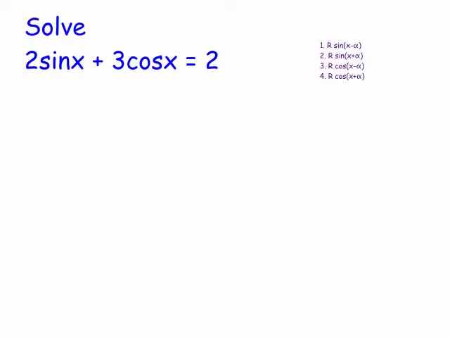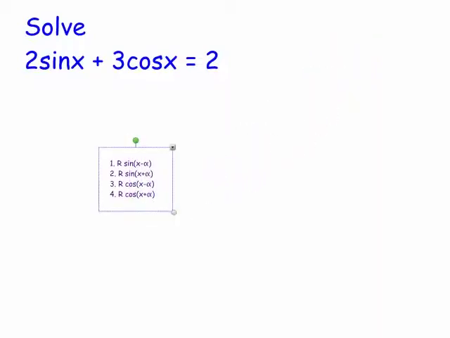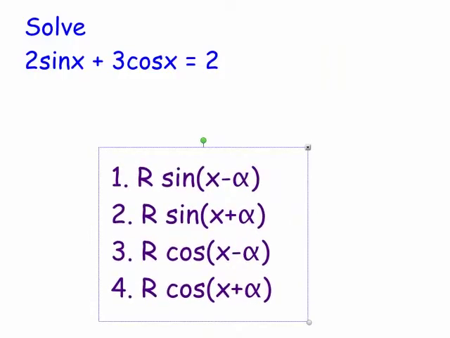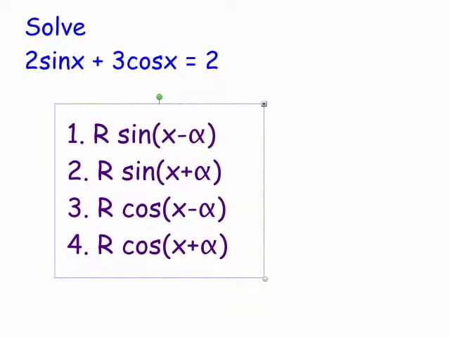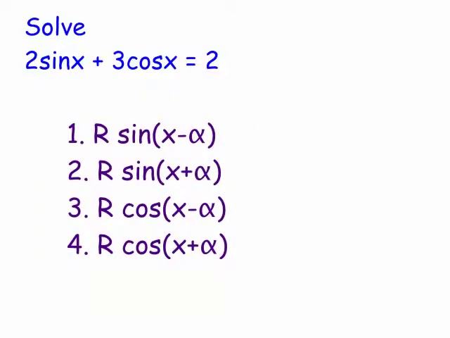We're asked to solve 2 sin x plus 3 cos x equals 2. And we've got some options here. Which one of these would we use? First up, will we use sin of x minus alpha? No, it doesn't fit the sin x minus alpha expansion.